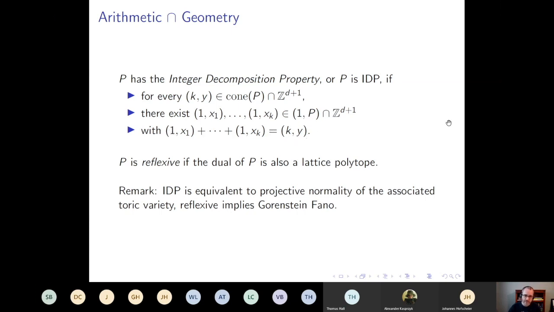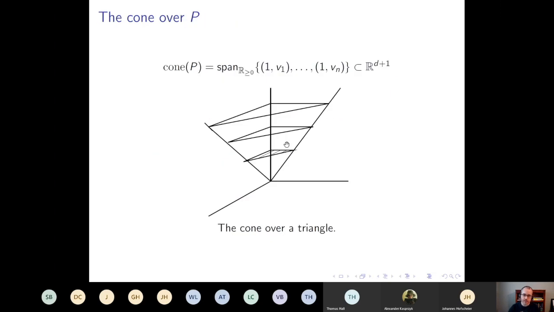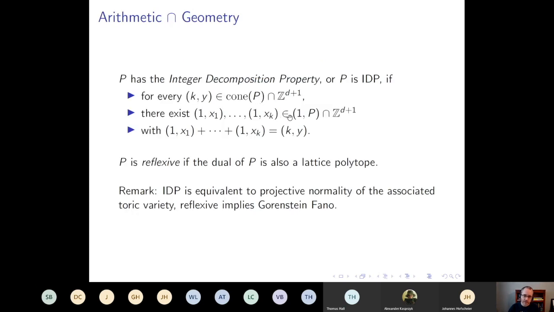So another way to think about this is that linearly, we know that the cone is spanned by points at height 1, but this is saying that also arithmetically, the lattice points at height 1 in the cone coming from P additively generate all the lattice points in the cone. So that's the first condition we're interested in.